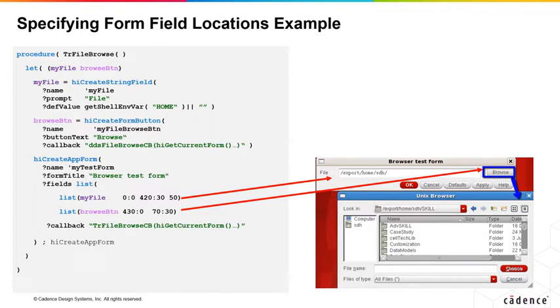We started at 430, so it's just to the right of the My File field, and then we specify its Y position and then its width and its height. So you can kind of see the example with the Browse button. There is no prompt width, so we don't need to specify that.